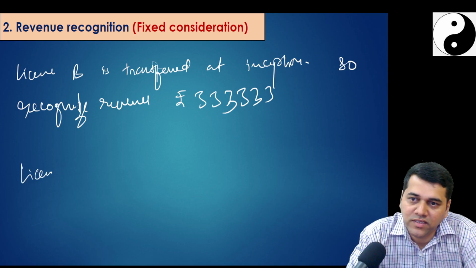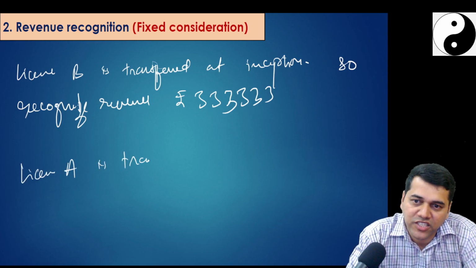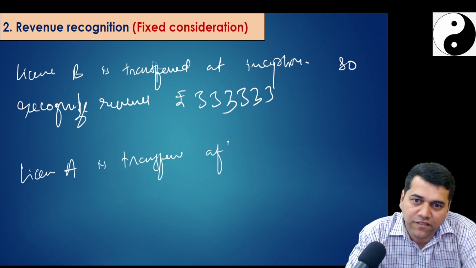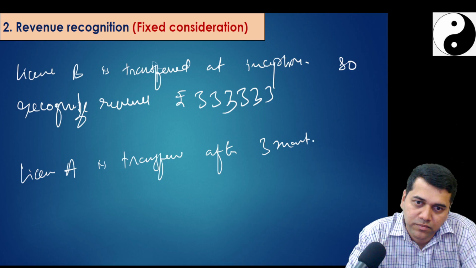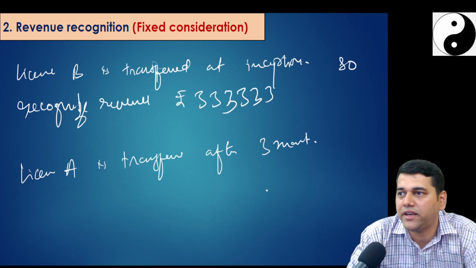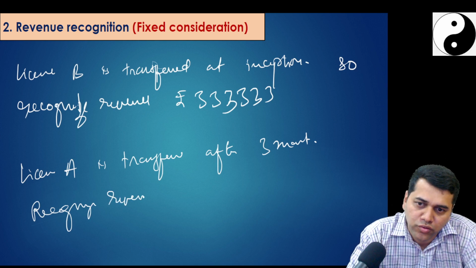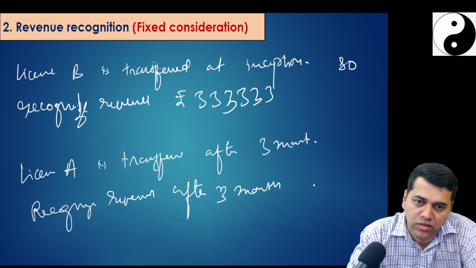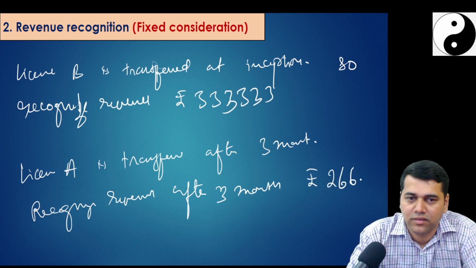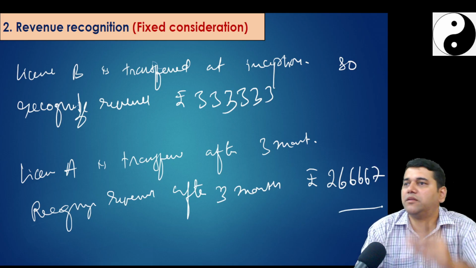Now, license A is transferred after 3 months. So, when you recognize license A revenue, recognize revenue after 3 months. How much? Yes, done. 1 mark for this.